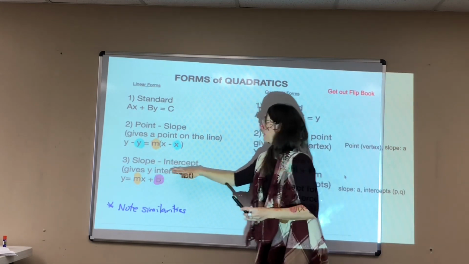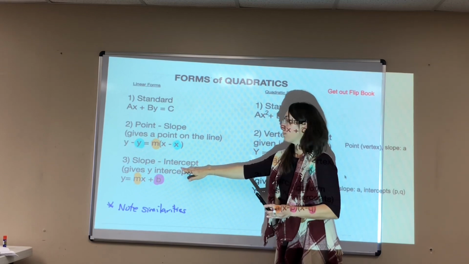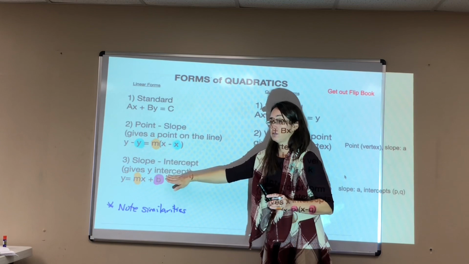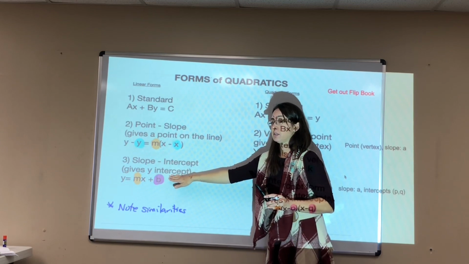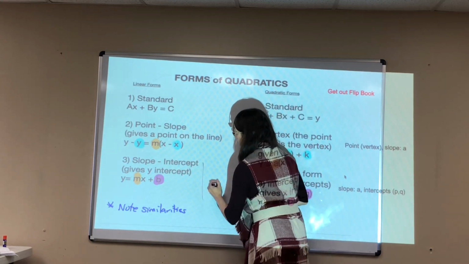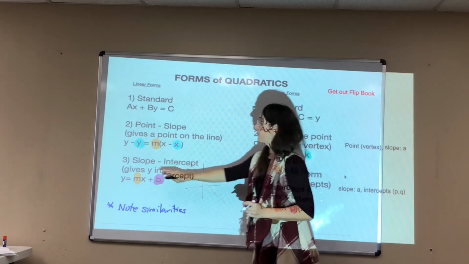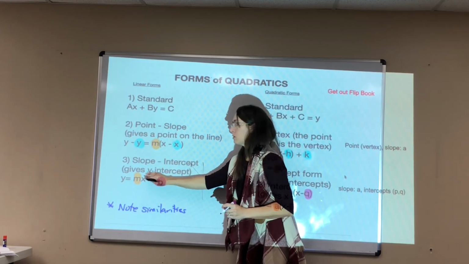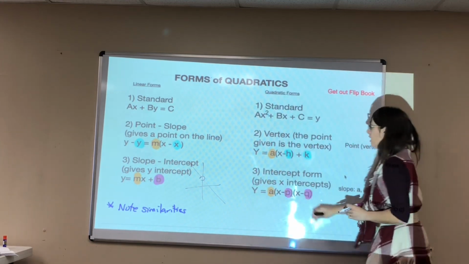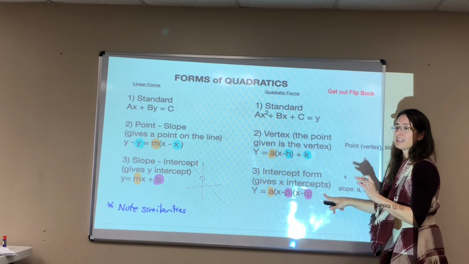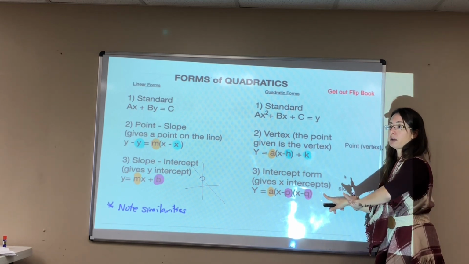Where we had slope intercept form, this happens to be the y-intercept. For a line, our intercept is the y-intercept, but we have the slope and an intercept. Here we have the intercept, it's just our intercepts are now the x-intercepts, not the y's.